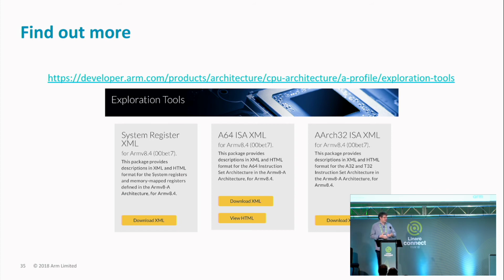It's the first time we've been able to say the instructions and the system register descriptions are available on the same day that we announce the architecture. It's not the full ARM. The full ARM is probably 6 months away still, but that's got to go through more iterations. There's a lot more work involved in pulling together the full text for the ARM.